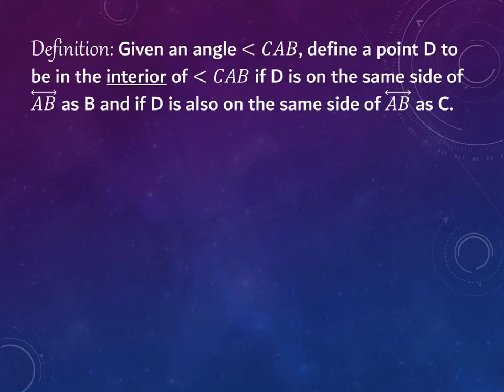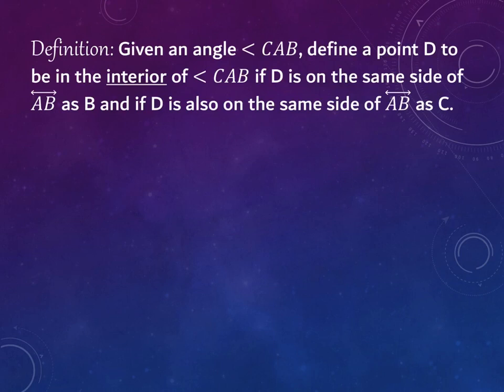Given our angle CAB, the one I just drew on another page, if you take a point D that's interior, it'll be on the same side of line AB as B, and also on the same side of line AB.